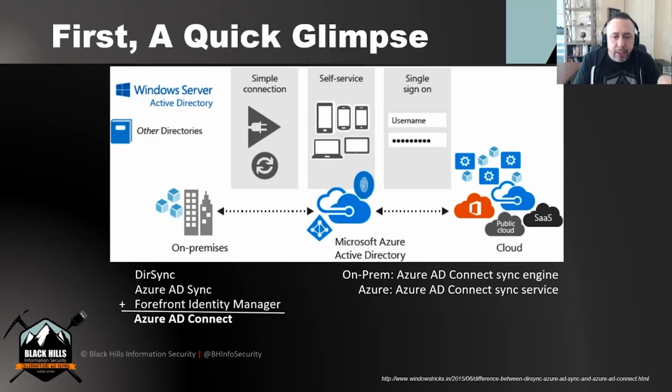You have an engine running on-prem in the Active Directory environment, and then you have the syncing service, which is running in Azure. So basically, whenever you have applications that want to authenticate to Active Directory, they're going to come external to the environment. They could use some sort of federation or these different synchronizations to do the authentication with Azure.